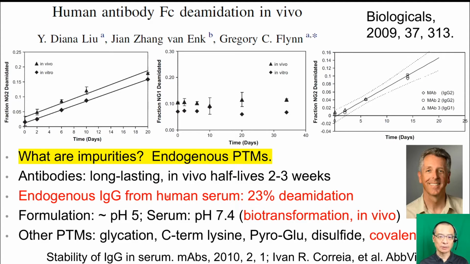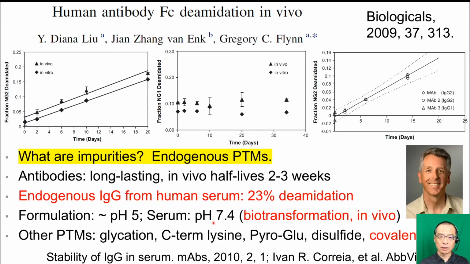Is this deamidated variant considered an impurity, or an endogenous variant or PTM? One of the things to note is we typically formulate antibody around pH 5, but in in vivo application, the pH will be 7.4 and 37 degrees over a couple of days. So this also raises the question about how we control impurity and ties to the ultimate in vivo application.